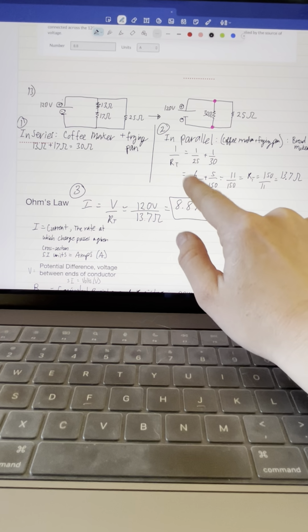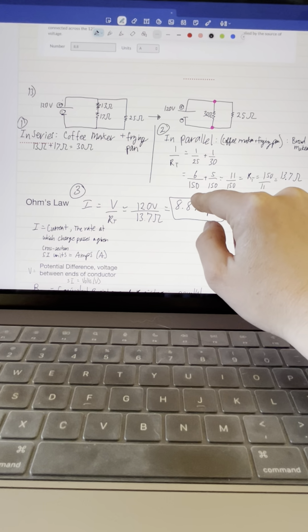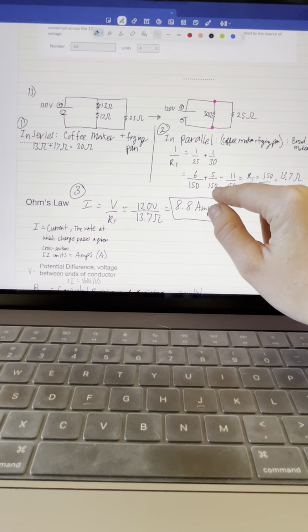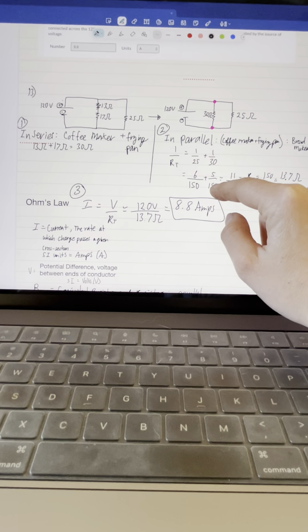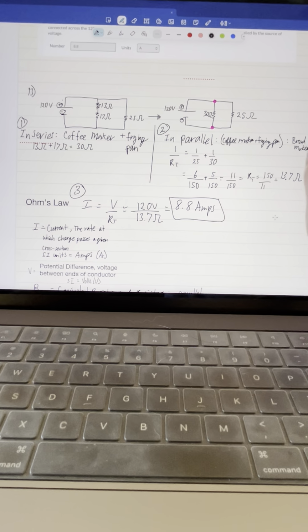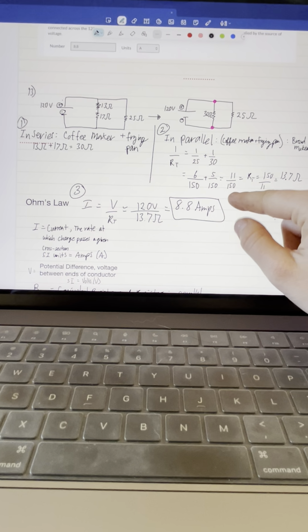I found that 150 was the common denominator, so I multiplied 25 times 6 to get 150, so 1 times 6 is 6, plus 5 over 150, because 30 times 5 is 150, and we also multiply the top, so it's 5. Then 6 plus 5 is 11 over 150.